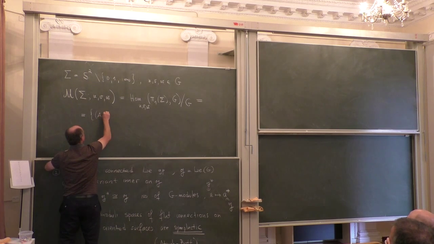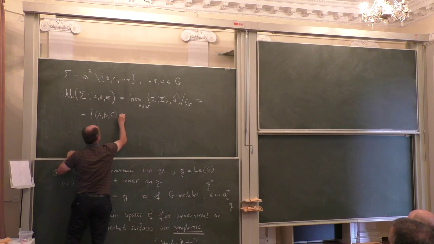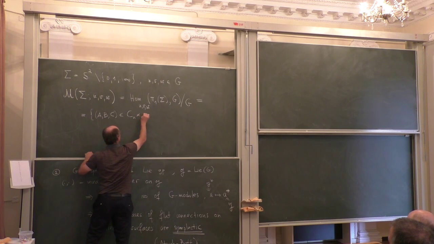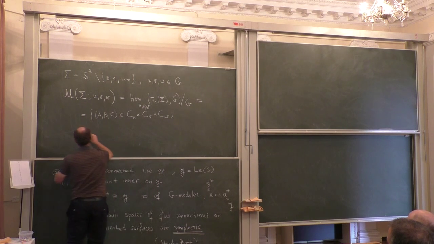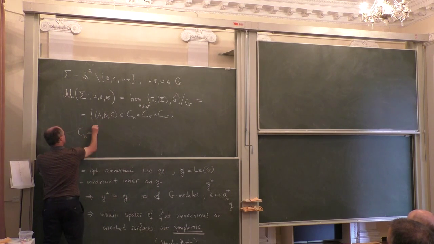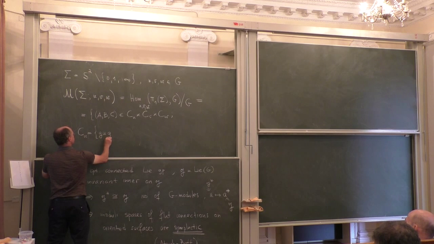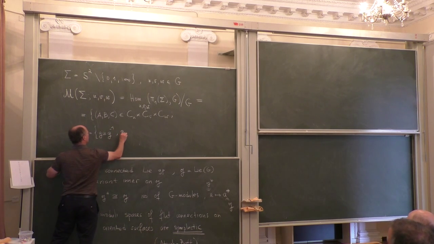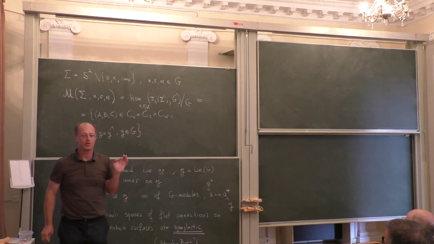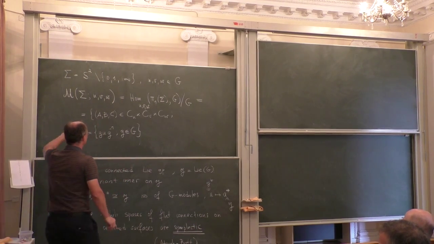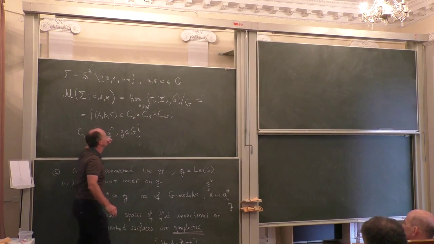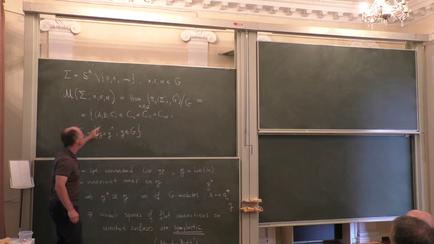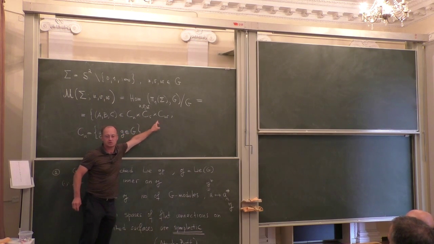So these are triples A, B, C in the product C_U, C_V, C_W, where C_U is the conjugacy class of the element U in G. So for this decoration, once you have marked points or boundary components, you fix an element in your group for each of them, and you associate to it its conjugacy class.